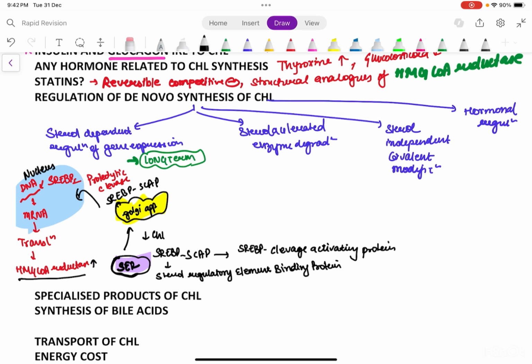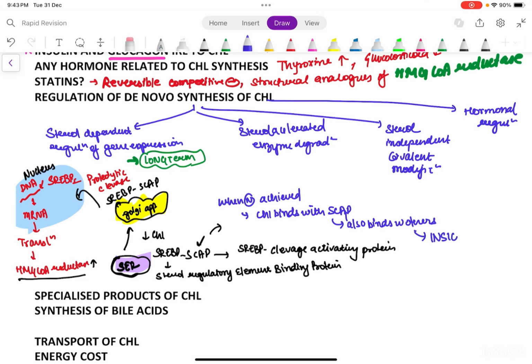Now when the body gets normal, cholesterol binds with SCAP, and SCAP also binds with other proteins like INSIG, very important.